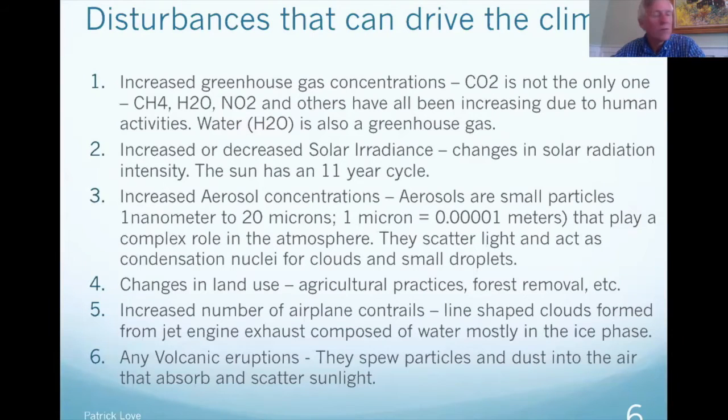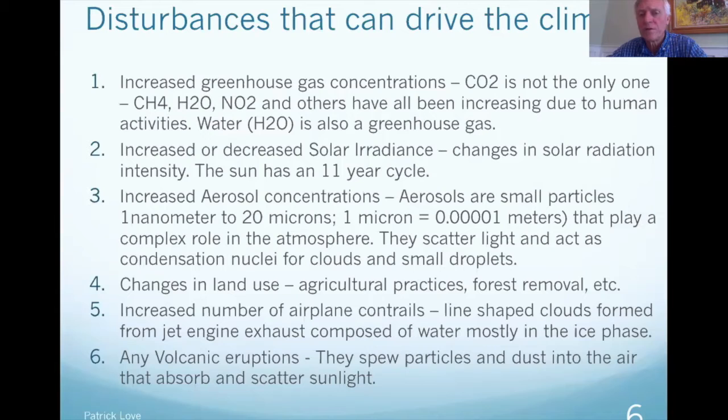Then we have the role of aerosols. Aerosols are small particles. They can be liquid or they can be solids that are suspended in a gas. So when you shake up an aerosol can of paint, you're actually suspending liquid particles in the gas that's in the can, so that when you spray, the liquid particles come out, sort of driven by the gas in the can.